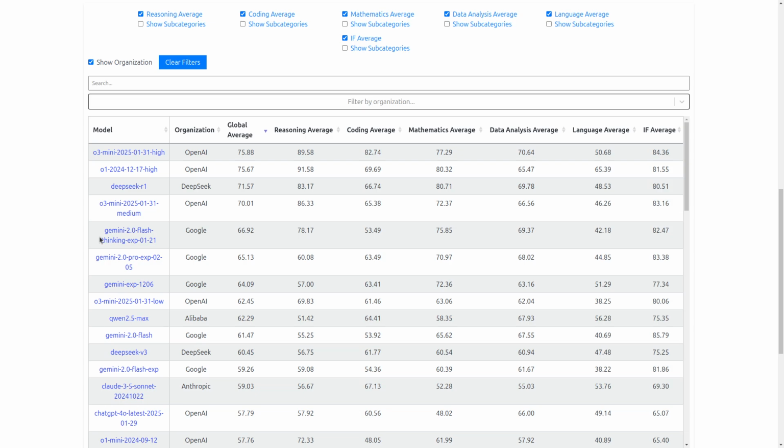But the most important takeaway here is the price, because we got Gemini Flash here, which is 0.1 in and 0.4 out for all context windows. And it's mostly competing with DeepSeek V3, which is 3 times more expensive. Then we have Qwen 2.5 Max, which would be 16 times more expensive.